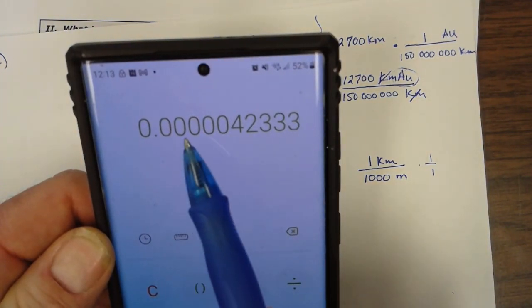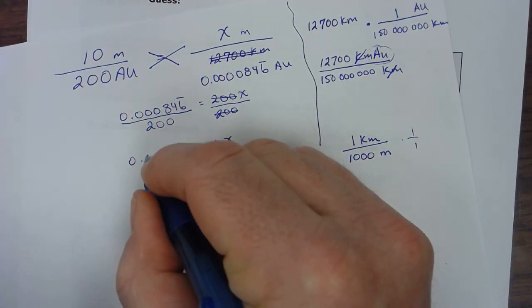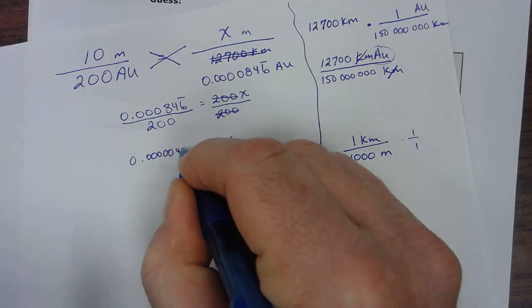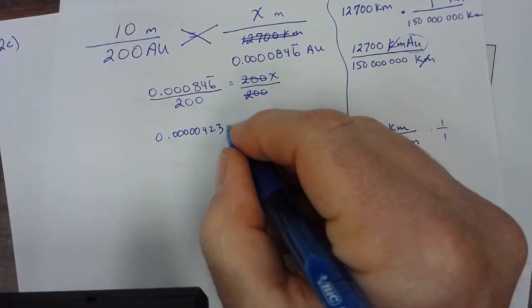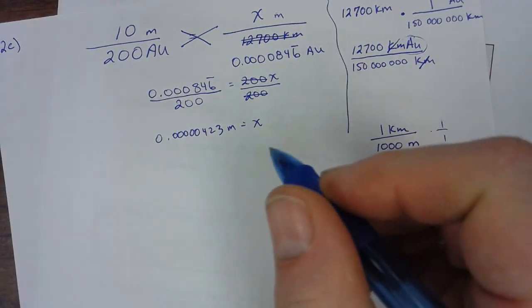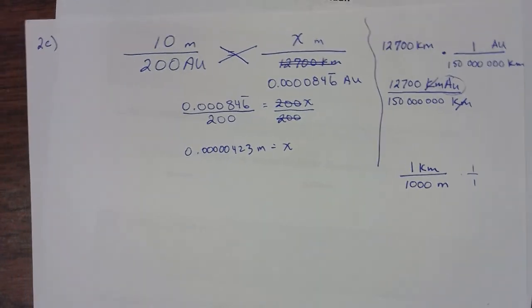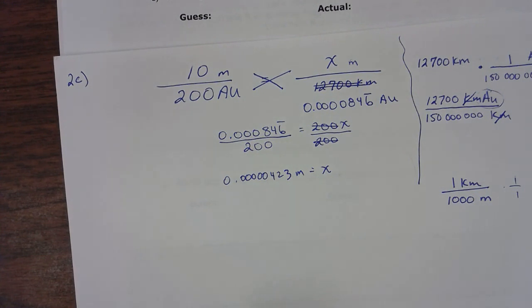So I've got 1, 2, 3, 4, 5 zeros right there. So I've got 0.000000423 meters. Okay, that's what that would be. All right, so that would be the size of the Earth if the solar system were 10 meters.